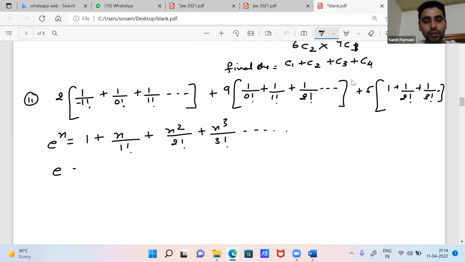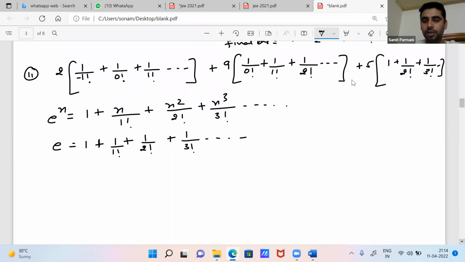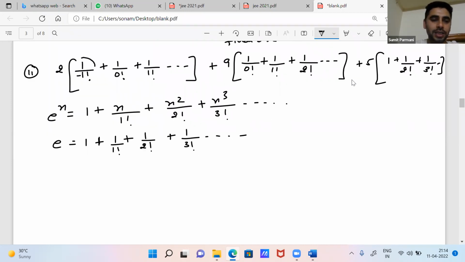If I put x is equal to 1, this will be 1 plus 1 plus 1 by 2 factorial, 1 by 3 factorial, and so on. Now this is equal to 0 because minus 1 factorial is not defined, so this will be considered as 0.